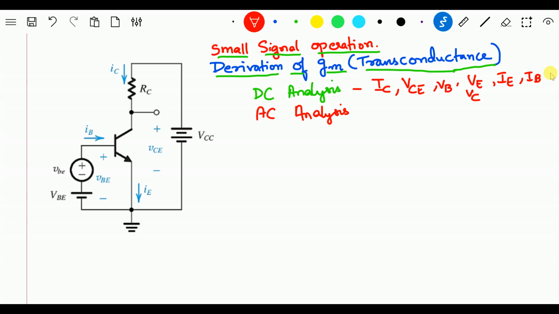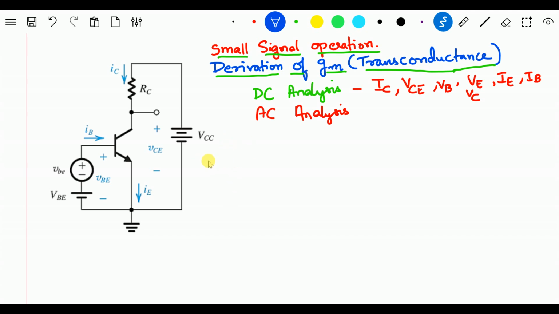All these values we will be calculating when we do DC analysis. The biasing circuits which we derived and worked on in the previous videos, all those things were DC analysis. Now, one more thing I need to tell you: the notation that most books use for mentioning DC values, AC values, and also mean and RMS values.